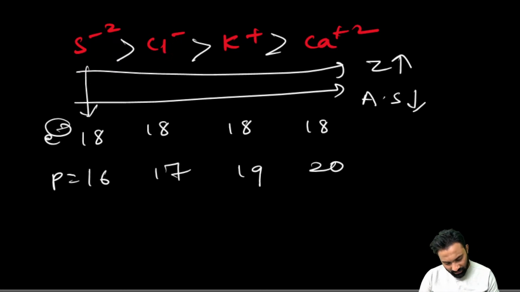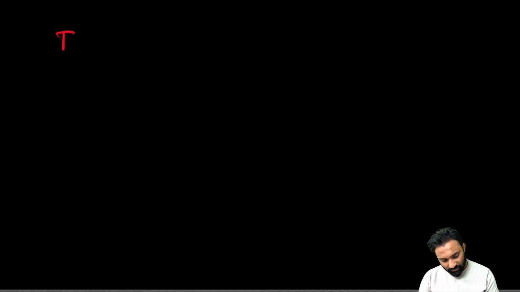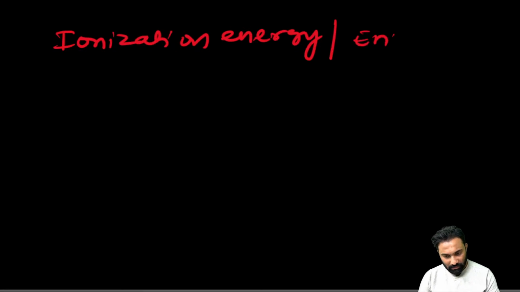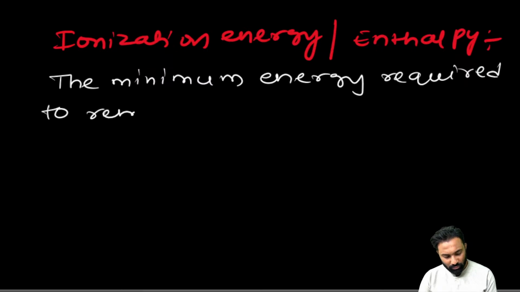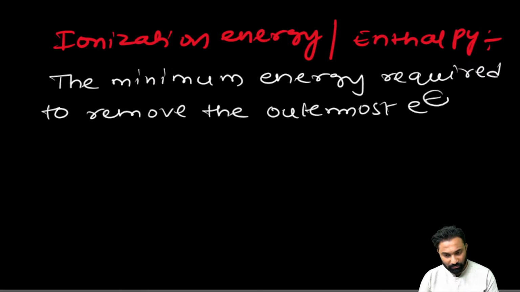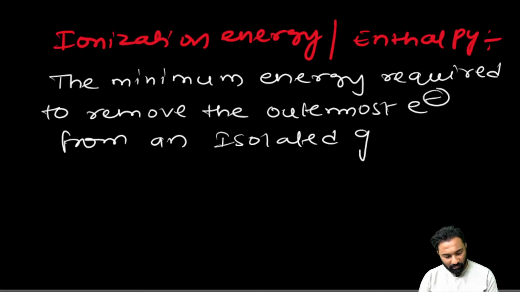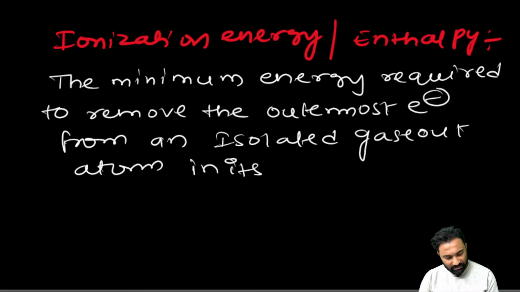What is the meaning of ionization potential or ionization energy? Definition of ionization energy or enthalpy: it is the minimum energy required to remove the outermost electron from an isolated gaseous atom in its ground state.